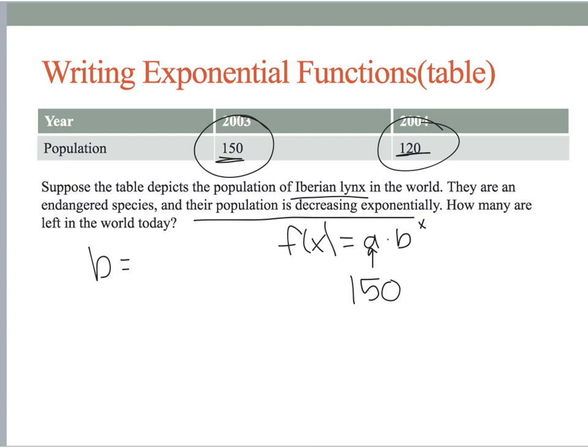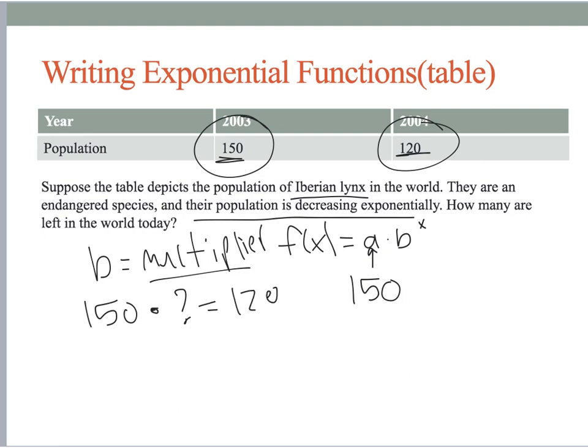B is a little bit more difficult. If you imagine b is the multiplier, what I need to know is, 150 times what is going to give me 120? In order to solve for that, if I'm multiplying, all I do is divide by 150 on both sides.